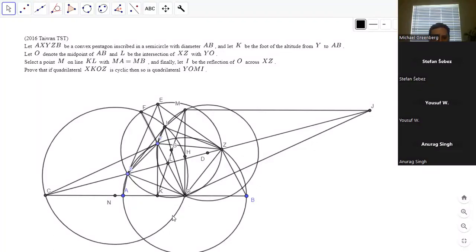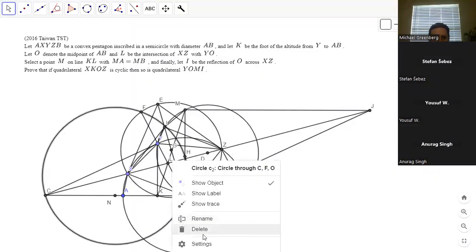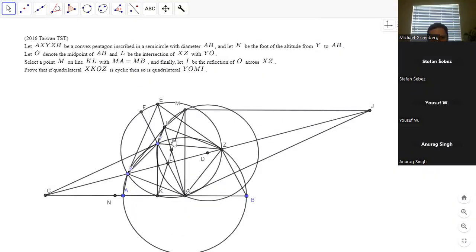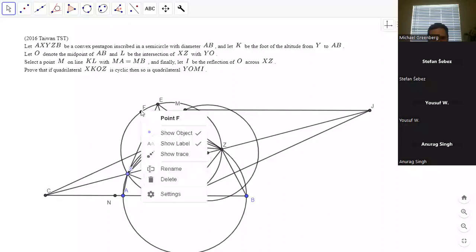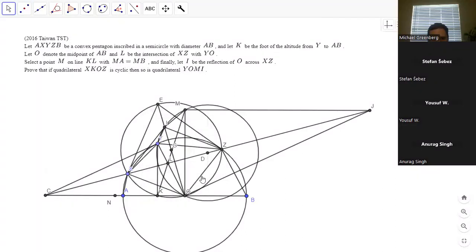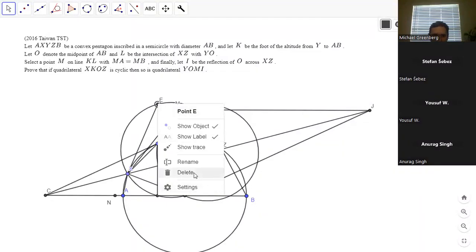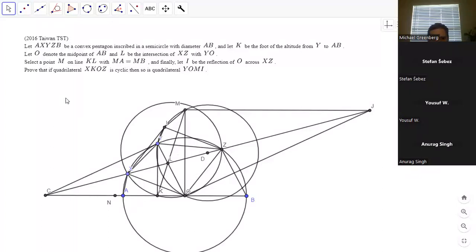So this circle, let's see, I think I can delete that circle. You can also delete the points E and F, right? Yeah. All right, so I'm going to type it up.